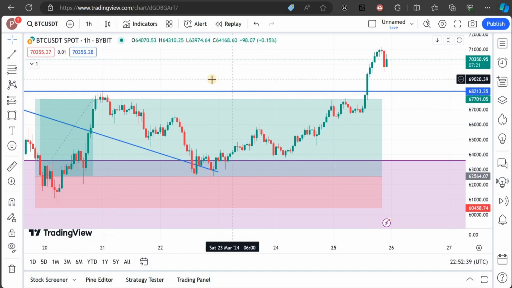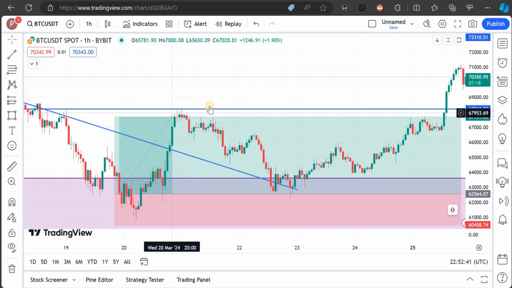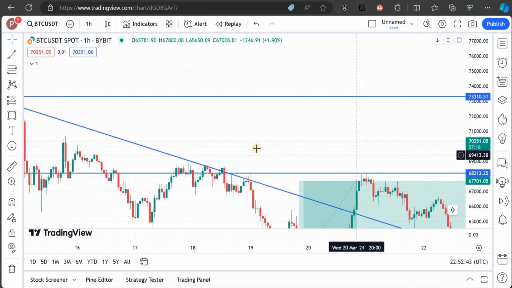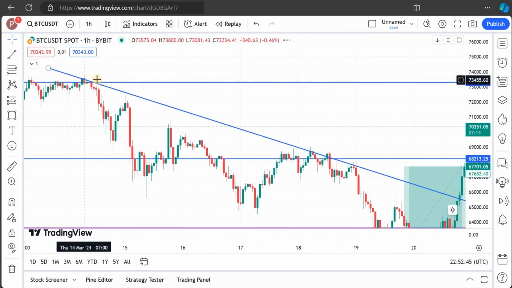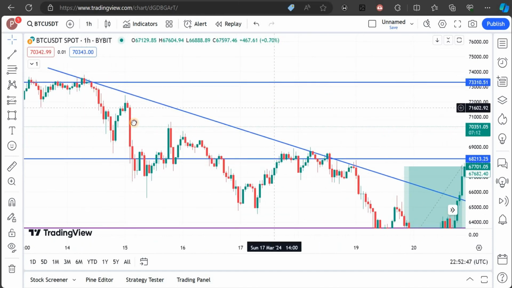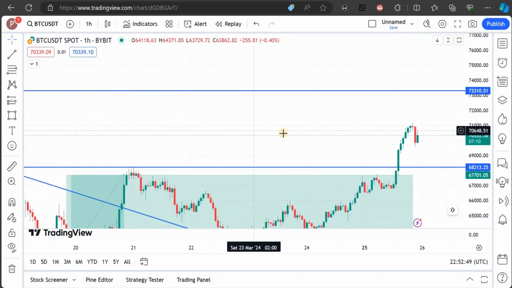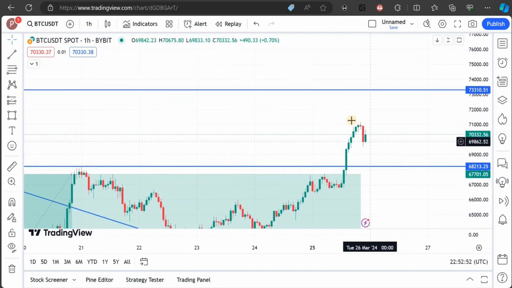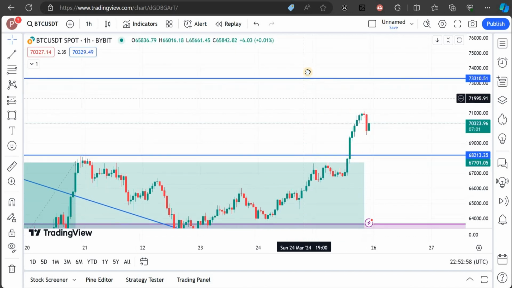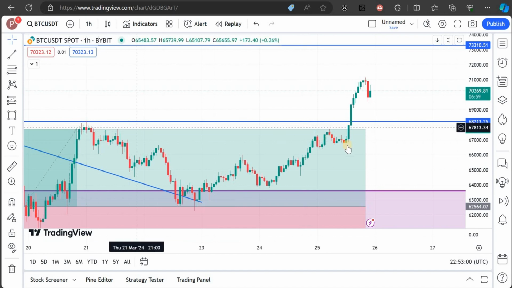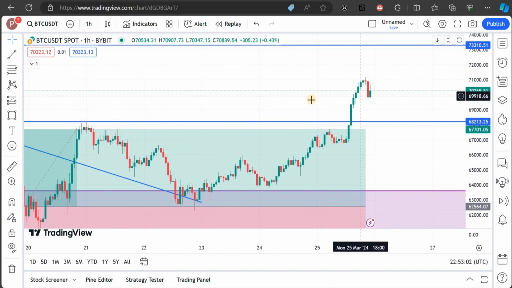This was where I actually exited the market manually, because my take profit was somewhere at this high here, this resistance here, and you can see that the market is actually heading downward. This pattern that he has given is also a good buy opportunity. So I exited the market around here, and you see that's it.